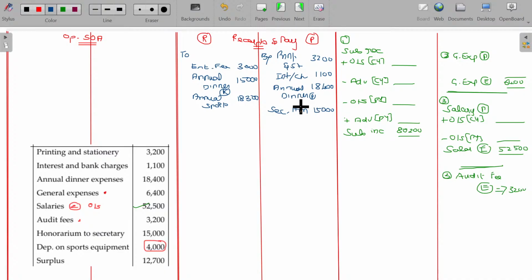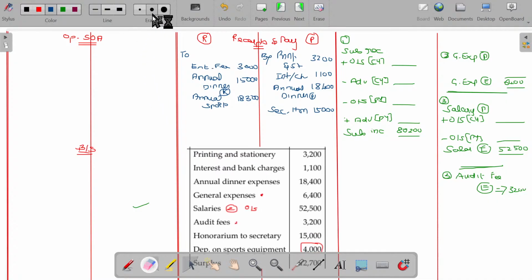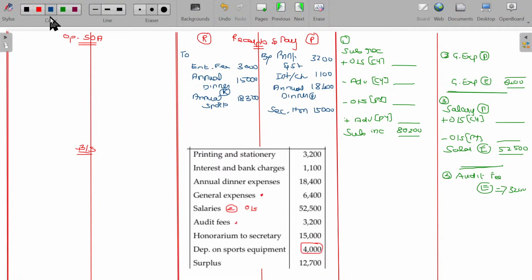Depreciation on sports equipment. Where will it come? Come on, tell me. In your balance sheet, sports equipment, add purchases of new equipment and minus if there is any sale. I hope there is no sale. Anyhow, I'll put the value here, or I can work it out separately as working note number 4.